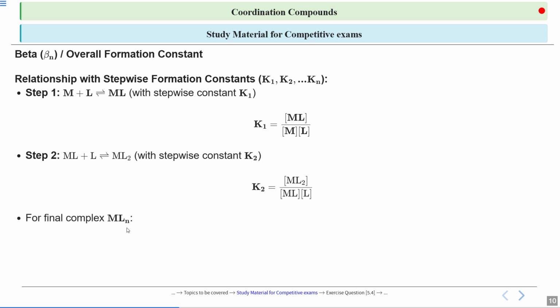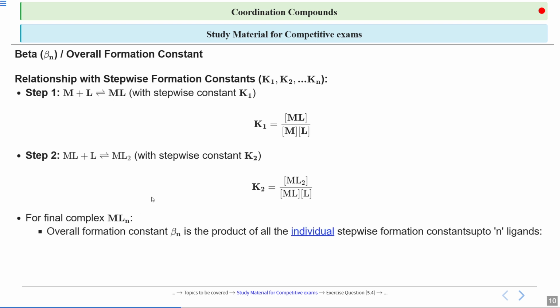Okay, now for the final complex, that is MLn, because the final number of ligands you are adding is n number of ligands, right? So you are finally forming a complex MLn where n number of ligands are present. So for that complex, the overall formation constant, that is beta n, is the product of all the individual stepwise formation constants up to the n ligands.